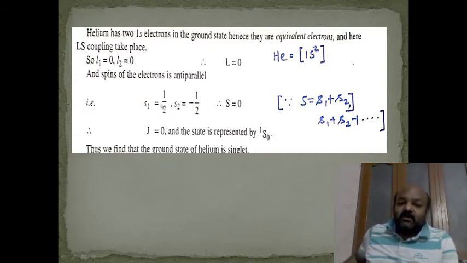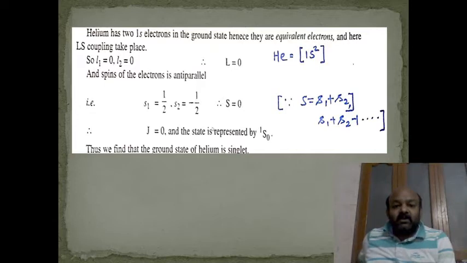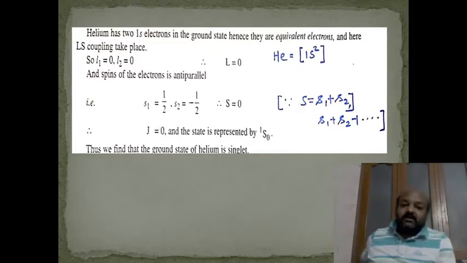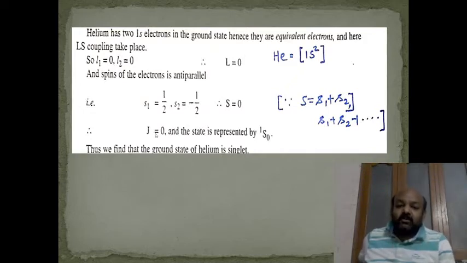So when we add these two values, this comes out to be 0. So a single value. J is calculated by the LS coupling scheme; it is equal to L plus S. So 0 plus 0 comes out to be 0. So this state is represented by 1S0.